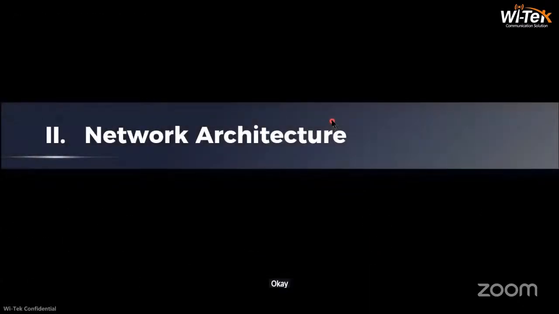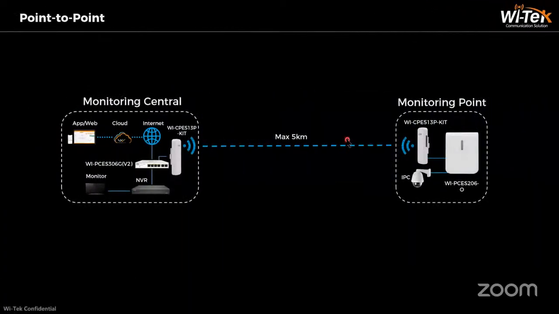Okay, next, let's explore the network architecture of this smart urban solution. The first is point-to-point networking. As you can see, at the monitoring point, we use our Cloud Easy Smart PoE switch as the PoE power to power up our CPE for data transmission and also power up the IP cameras.